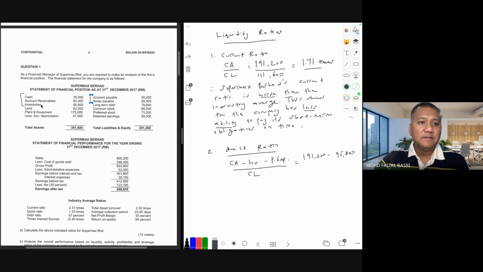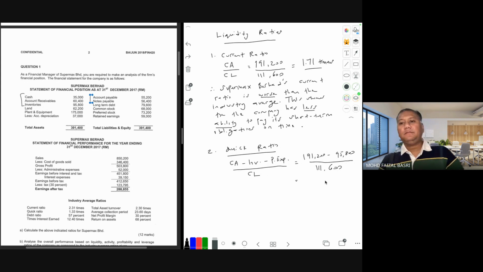And this question has no prepaid expenses, so we only deduct once. And we divide by current liabilities of 111,600. So 191,200 minus 95,800 divided by 111,600 gives 0.85.